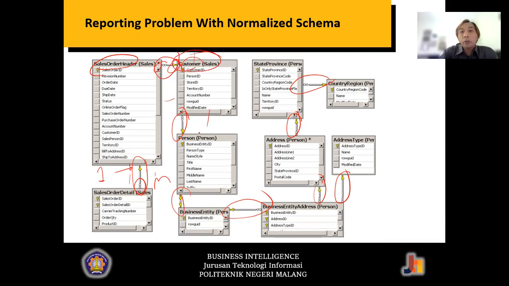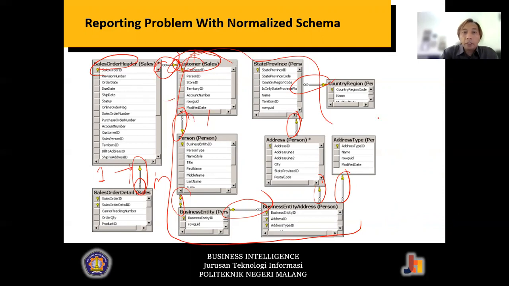Or if you wanted to know the address or the specific detailed information of the customer, then you need to join multiple tables, which is good for an OLTP database where the data will not mix with each other, as the normalized concept is being used.